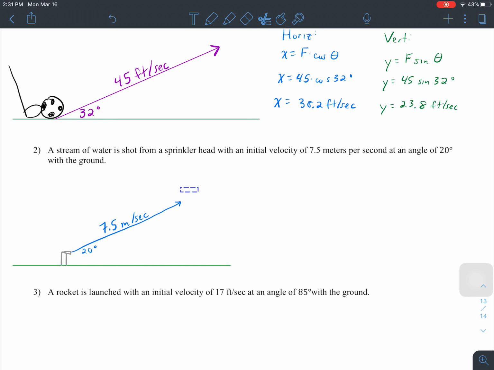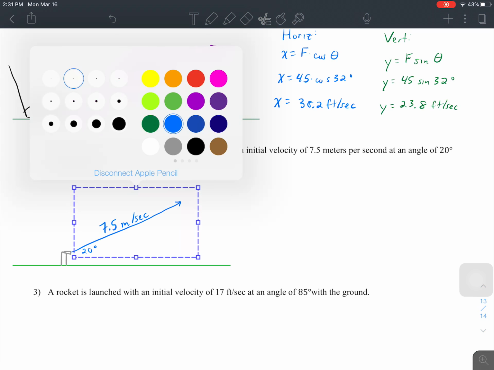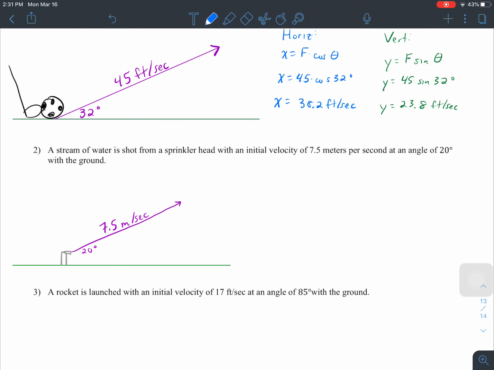Let me change the color to match the previous one, purple, and I'll stick with blue for the horizontal. X equals f cosine of theta. I would have x equals 7.5 meters per second times the cosine of 20 degrees. Type that in your calculator. That is about 7.0 meters per second. We do the same thing for the vertical.